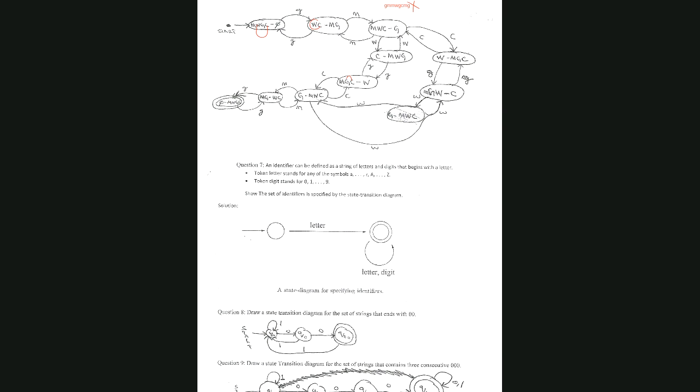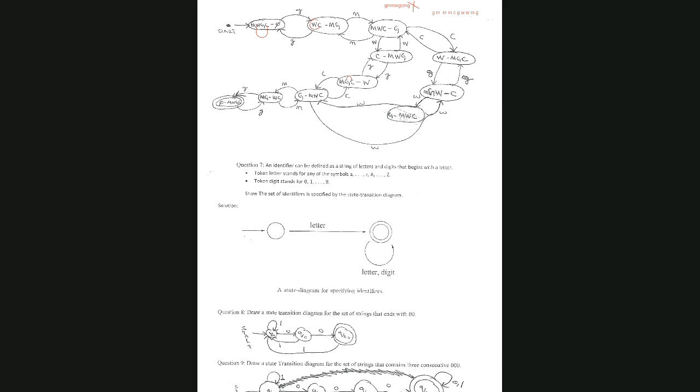Now I will ask you one more. What about this transition? G M M M C G W W M. Is this transition correct? Now you see G, I'm coming from here.